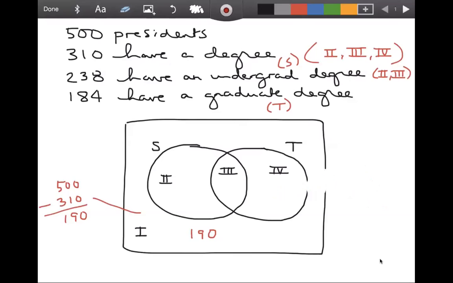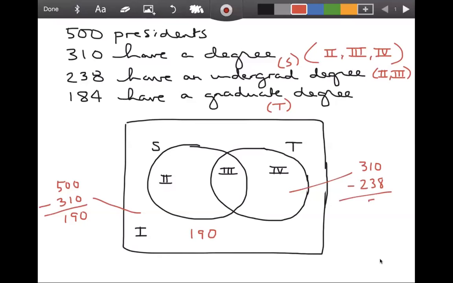I want you to understand that if you mess up in a problem, that is not the end of the world. Wait a minute, no, that was right. Yeah, 2 and 3 is the undergraduate degrees. 2, 3, and 4 add up to 310.